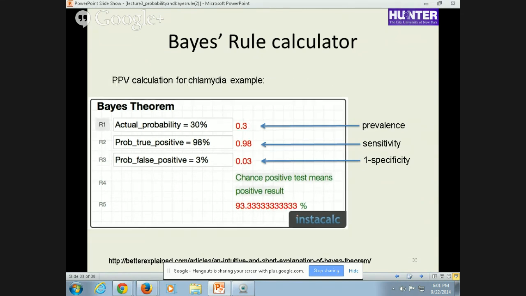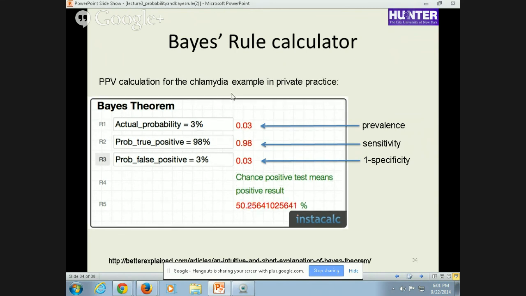It lets you play with the prevalence, so you can plug in a certain probability of true positives, a certain sensitivity and 1 minus specificity, and see the performance of the test, the PPV. In a 30% prevalence population, it's 93%, and in a 3% population, it goes down to 50%.